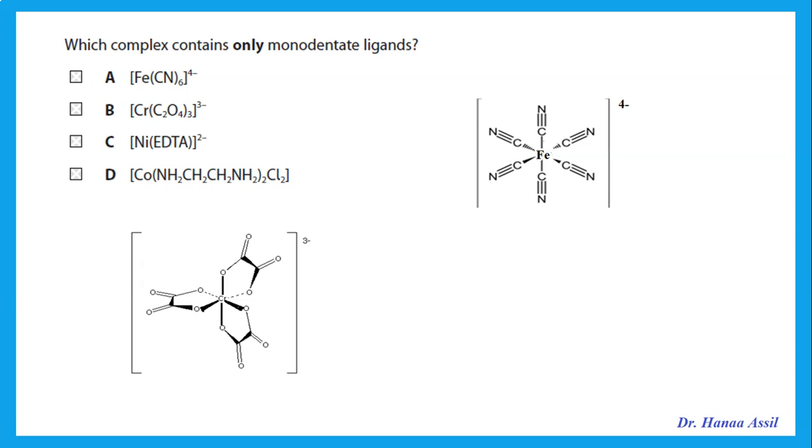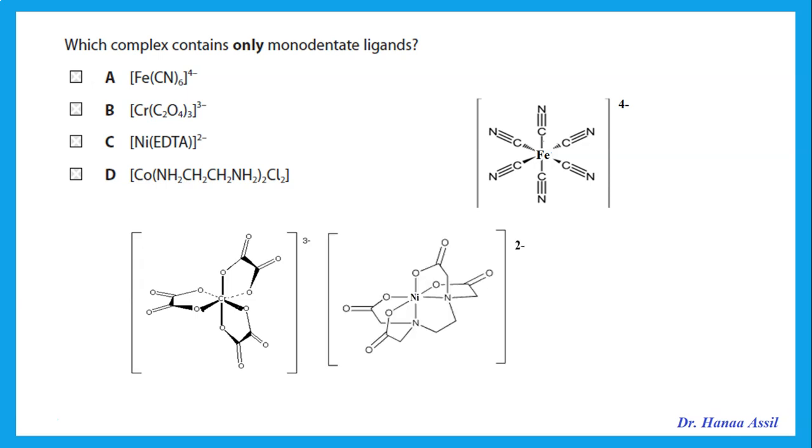The C2O4, this is an oxalate ion, and we said these are bidentate. Each oxalate C2O4 will form 2 dative bonds to the central metal ion. This is EDTA. EDTA we said is hexadentate, and it forms 6 dative bonds with the central metal ion.